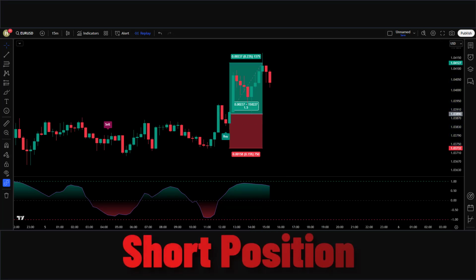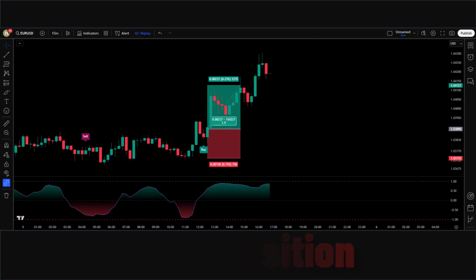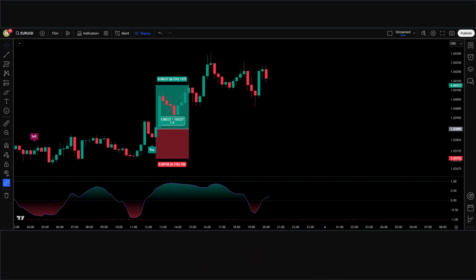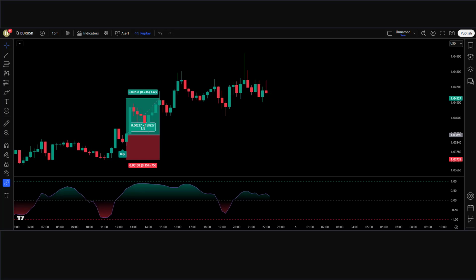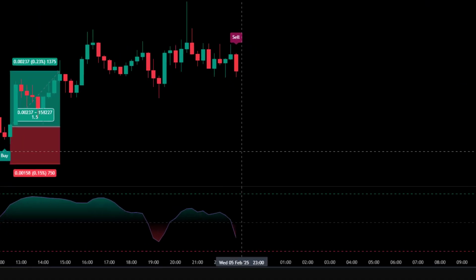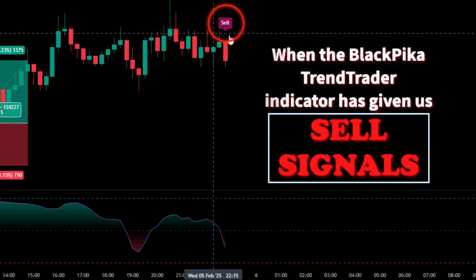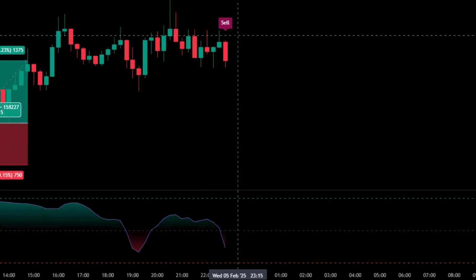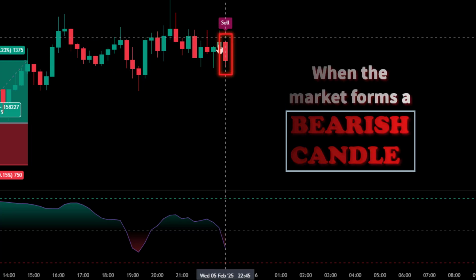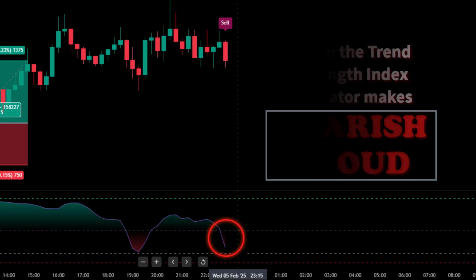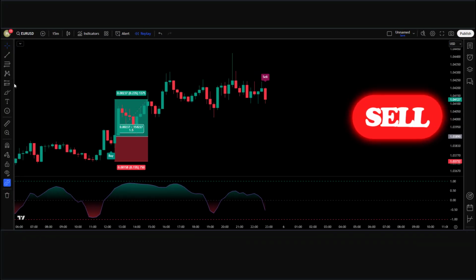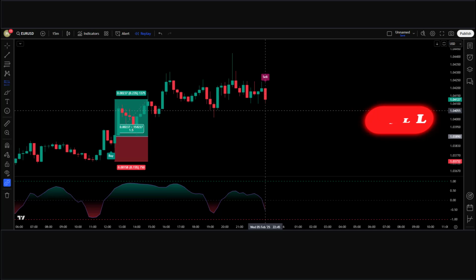Now let us understand the short position. When the BlackPika TrendTrader indicator has given us sell signals, when the market has formed a bearish candle, and when the Trend Strength Index indicator makes bearish clouds, if these conditions are fulfilled, then we will place a sell order.